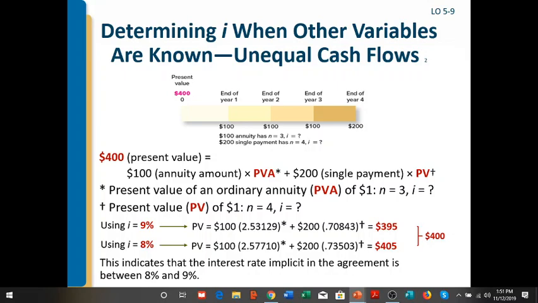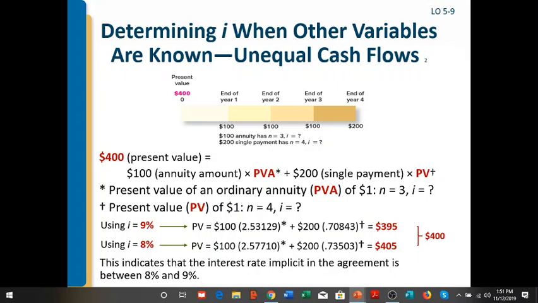It says one way to solve the problem is trial and error. For example, if we assumed it to be 9%, the total present value of the payments would be calculated as 100 times 2.53129, from the present value of an annuity table, plus 200 times 0.70843, from the present value of one table, which comes to $395.